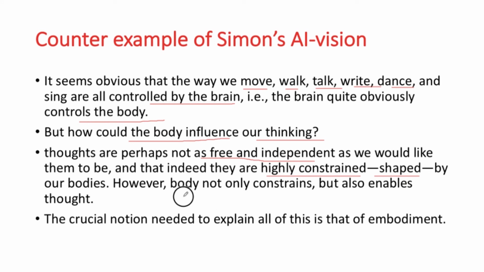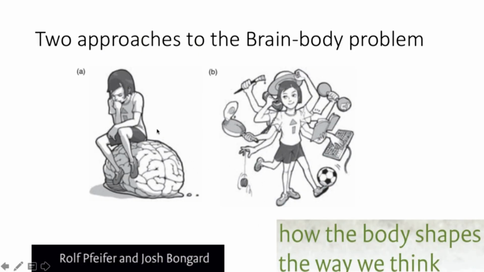So the body not only constrains but also enables thoughts, in ways from which the body gets advantage. The crucial notion is to explain this process of embodiment. That is the counter to Simon's AI logic. In fact, there are these two logics. One group is this AI group, where the body is just a peripheral extension and the central part is the brain itself.